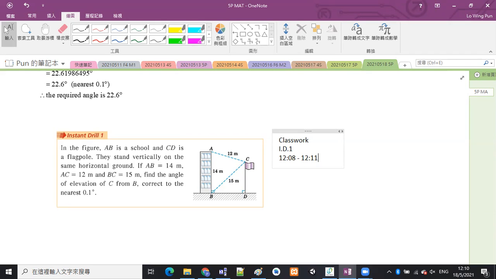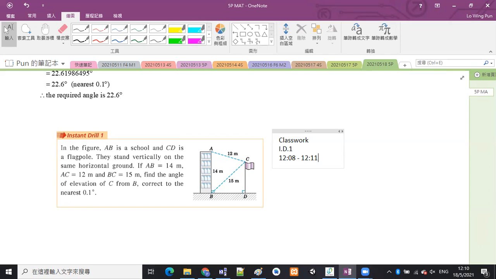And can you tell me which angle is the required angle? Can you locate which angle is the required angle? Which one is the required angle first? Angle, what is the name of that angle? Angle CBD. Okay, angle CBD is the required angle.